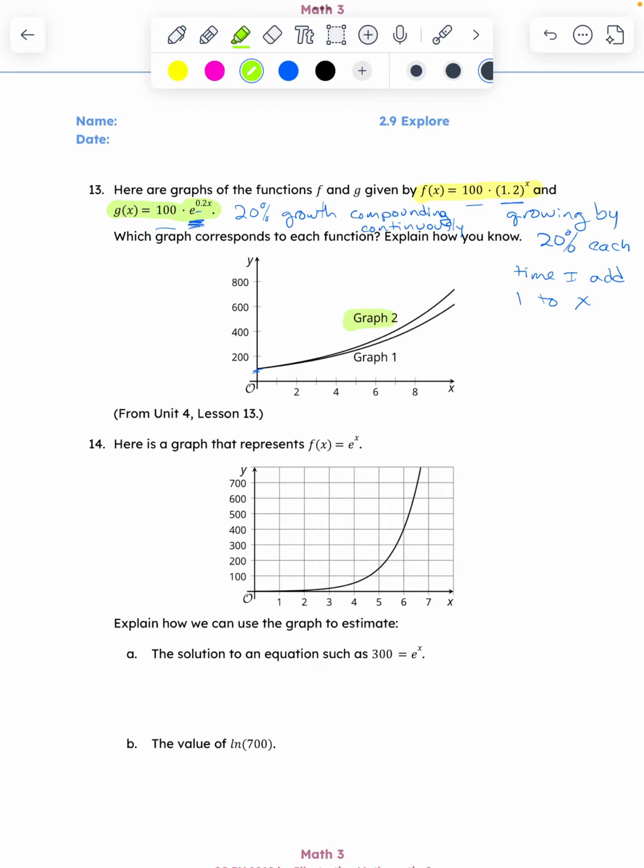And my graph 1, which is shallower, is going to be compounding once or annually. So I could write that graph 2 is g of x, and graph 1 is f of x.